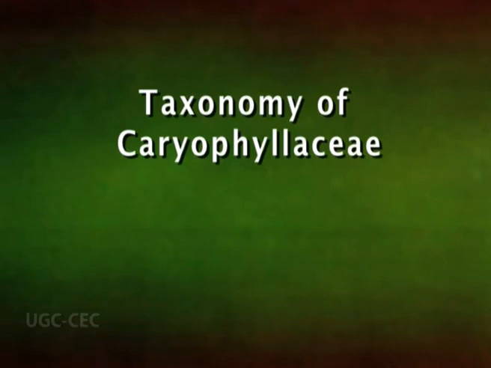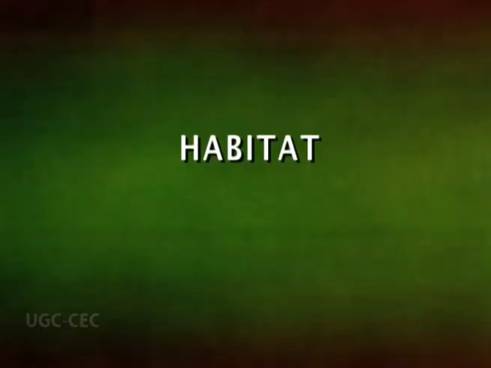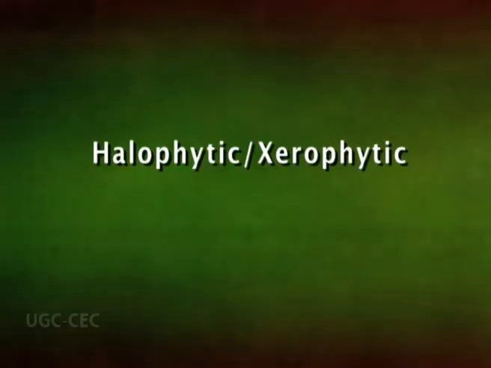We will first discuss the taxonomy of the family Caryophyllaceae, and we will start with the habitat, that is, the area or environment where an organism normally lives. Plants in Caryophyllaceae are halophytic to xerophytic.